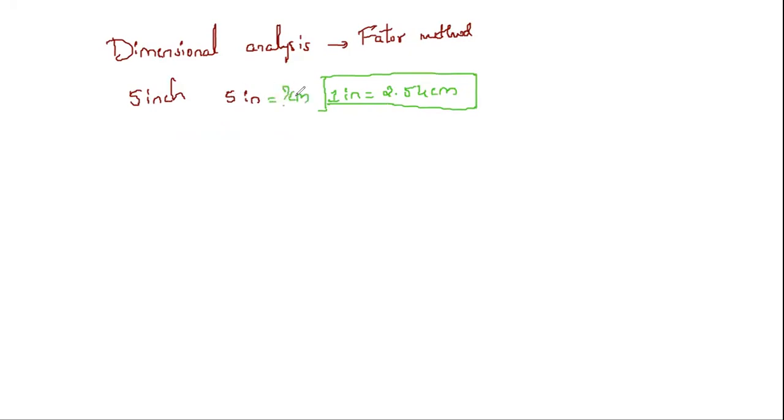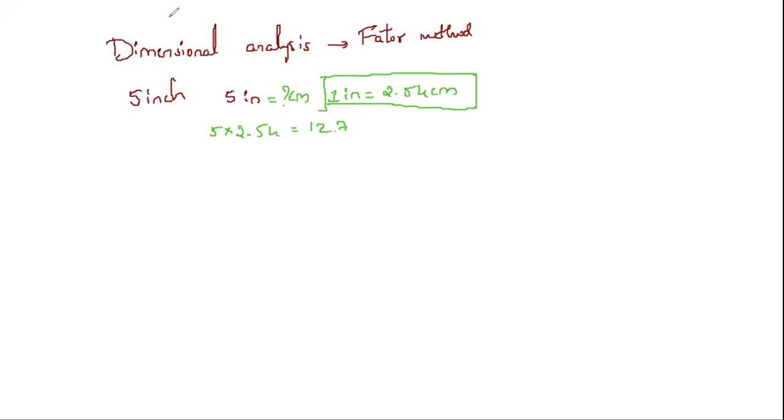If 1 inch is 2.54 centimeters, then 5 inches is how much? 5 into 2.54. So what is the answer? You'll get 12.7, correct?